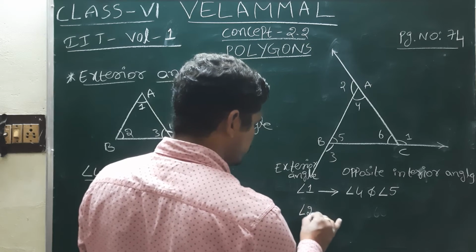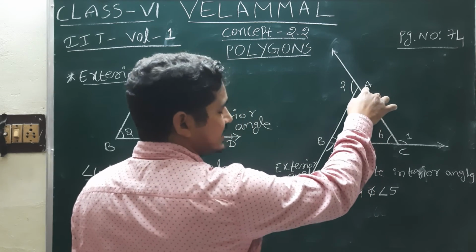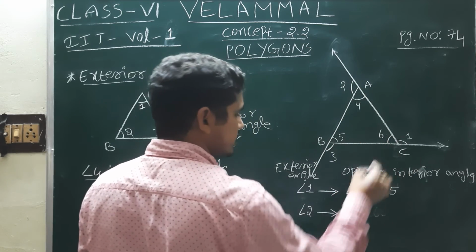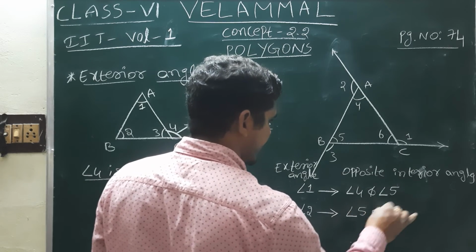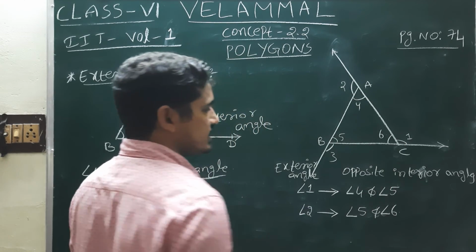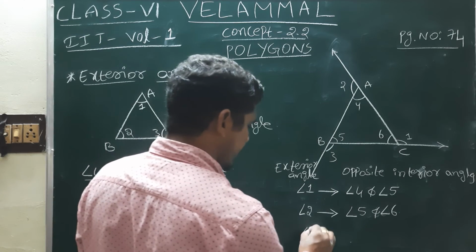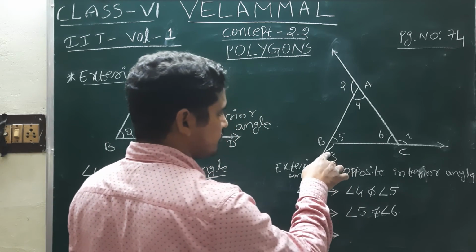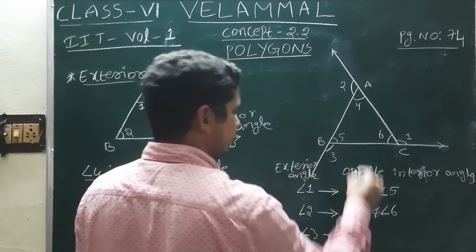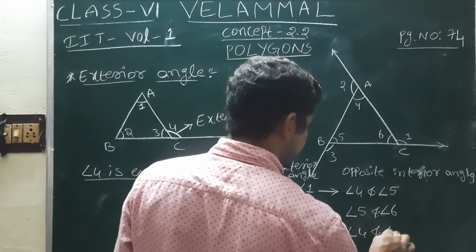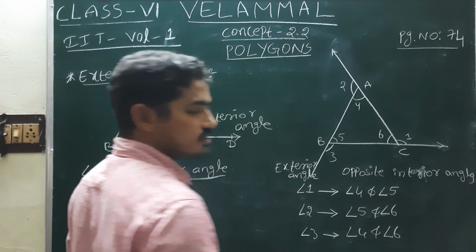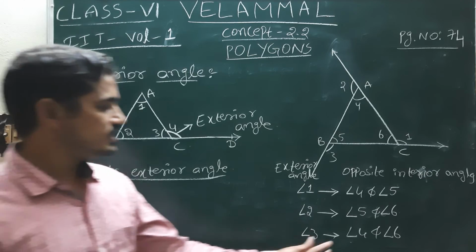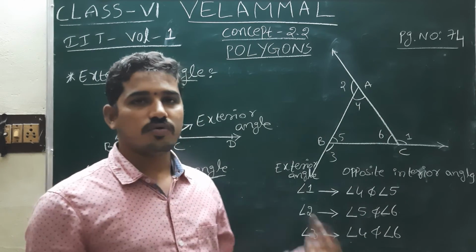To the angle 2, if we are considering, 2 is at A. So to the B and to the C, angle 5 and angle 6 are opposite interior angles. And angle 3 is at B. So we can consider angle 4 and angle 6 are opposite interior angles. So these are the opposite interior angles we have.